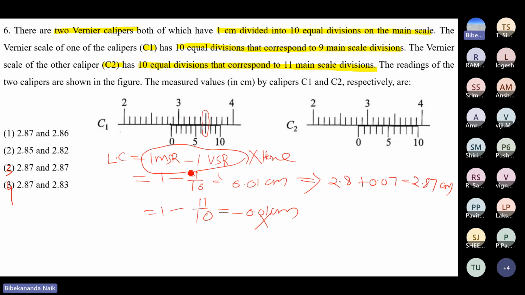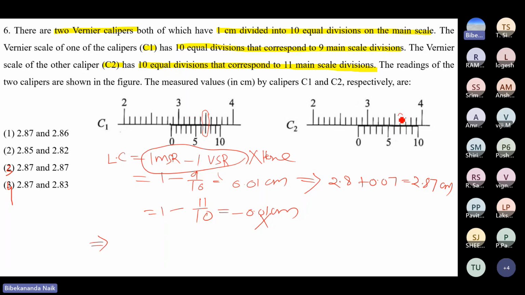So you will be applying another formula. The measurement value is the main scale reading that coincides with any one division of the vernier scale, and we will subtract the reading of the vernier scale from that value. So in the first case, here it coincides with 3.5 and here it coincides with 3.7.